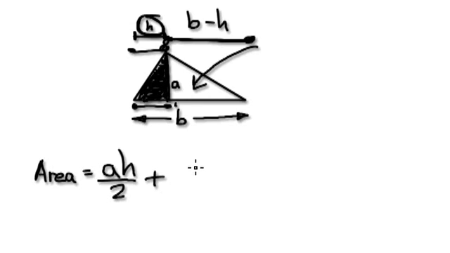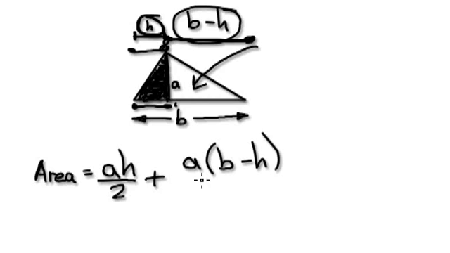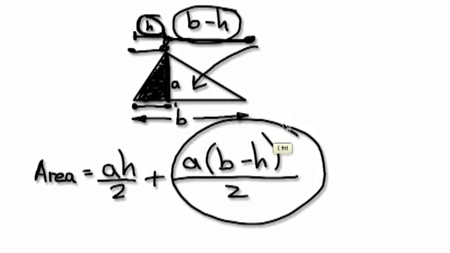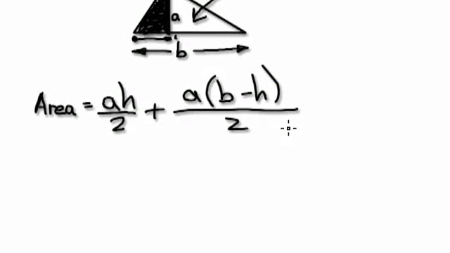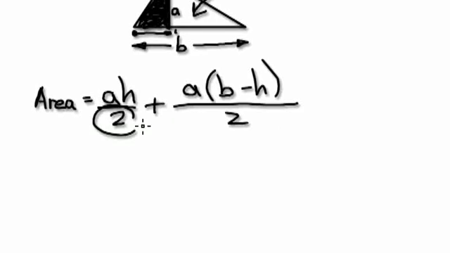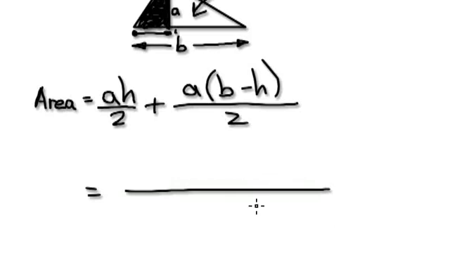So plus a, the height, times b minus h, and then cut it in half. Because the height times b minus h will give you the whole rectangle, and then cut it in half gives you this whole thing here. Now the two denominators are the same, so we can merge them.